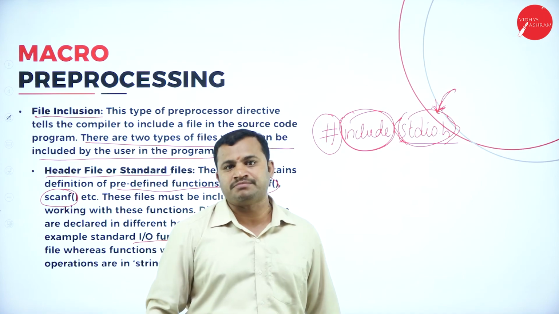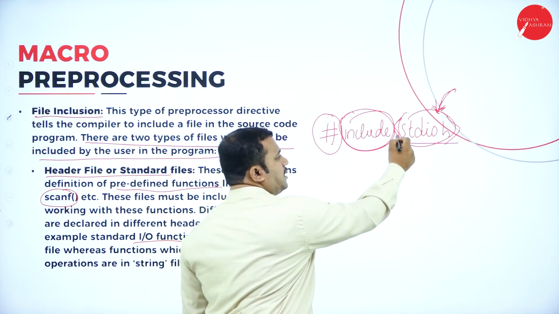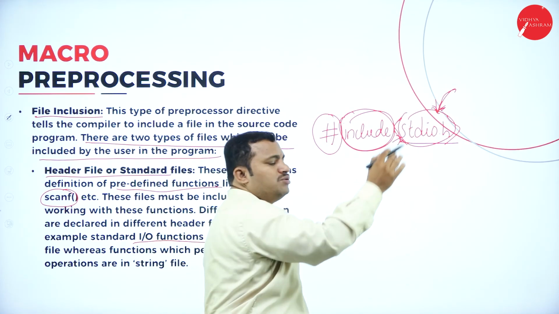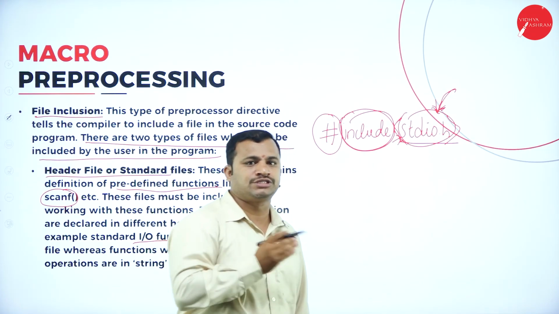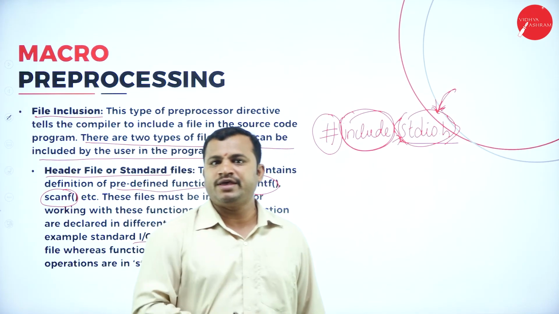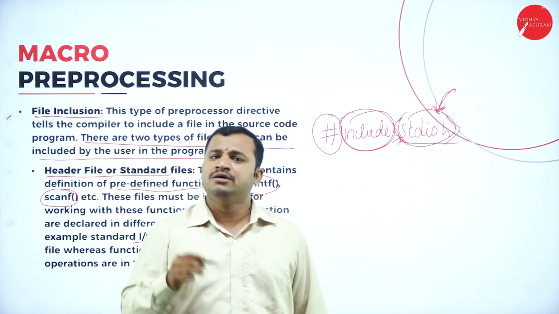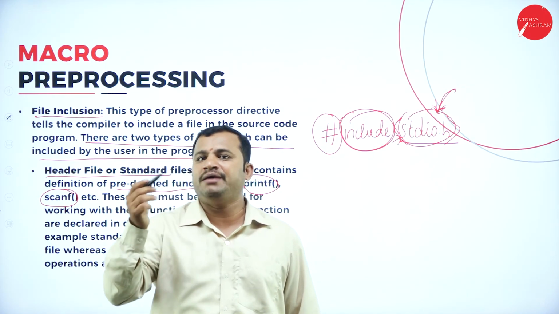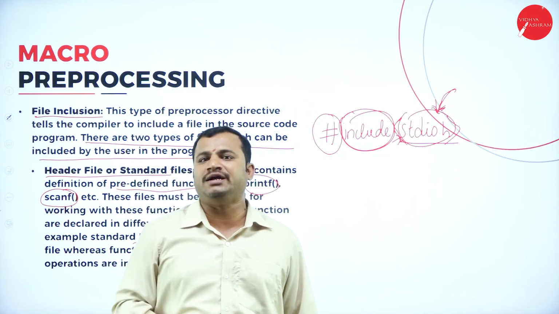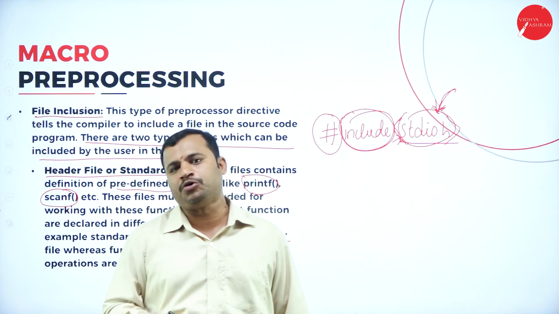If you do not include stdio.h, you can't use the scanf and printf functions in your C programs. That is why we have the include directive that includes the predefined file, the inbuilt library, into your program.